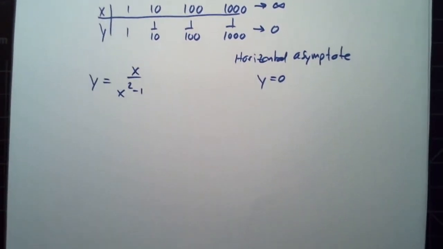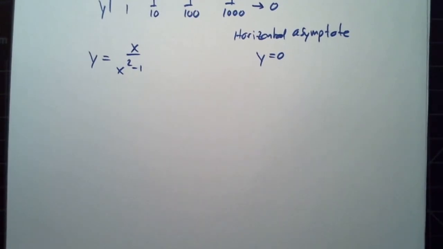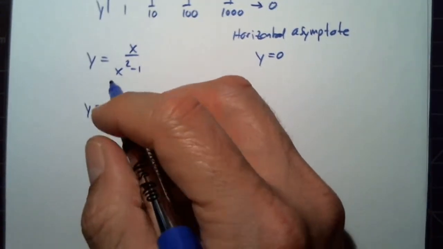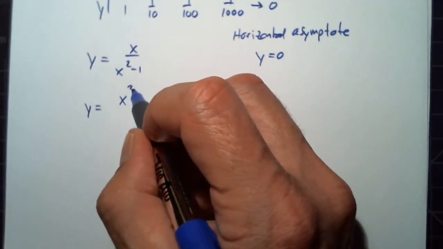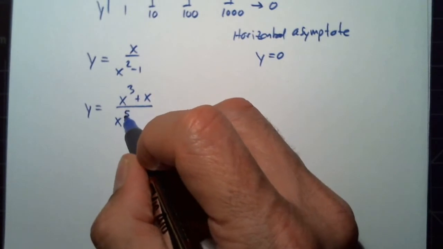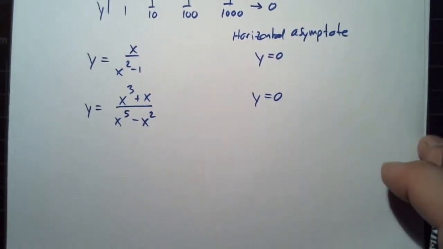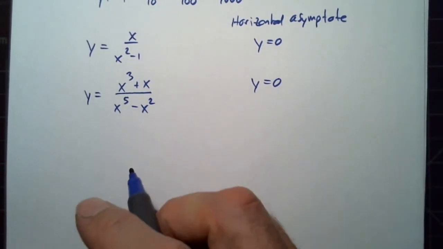And I'll just do some examples and see if you remember the rule, and then I'll talk about the rule. Now it would also have a horizontal asymptote of y equals 0.